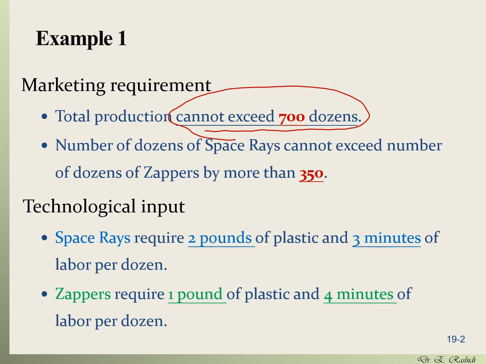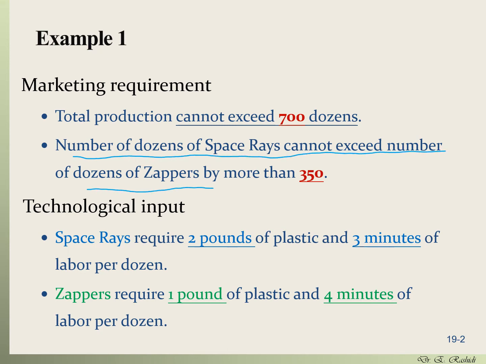The next restriction is that the number of dozens of space rays cannot exceed the number of dozens of zappers by more than 350. This is a requirement based on the market, so this is another restriction to consider.